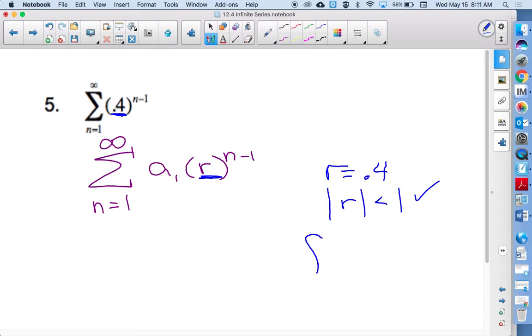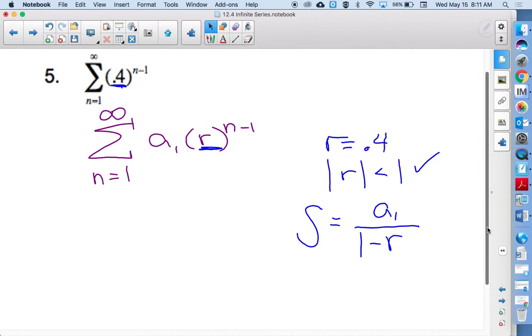So now we need to figure out the first term, because the formula says take the first term divided by 1 minus r. So again, this is what a geometric series or a geometric sequence looks like. We have the first term, r in parentheses, attached to n minus 1. What number is in front of the parentheses? Odette? 1. A 1. So there's really a 1 sitting here in front of that parentheses to represent the first term.